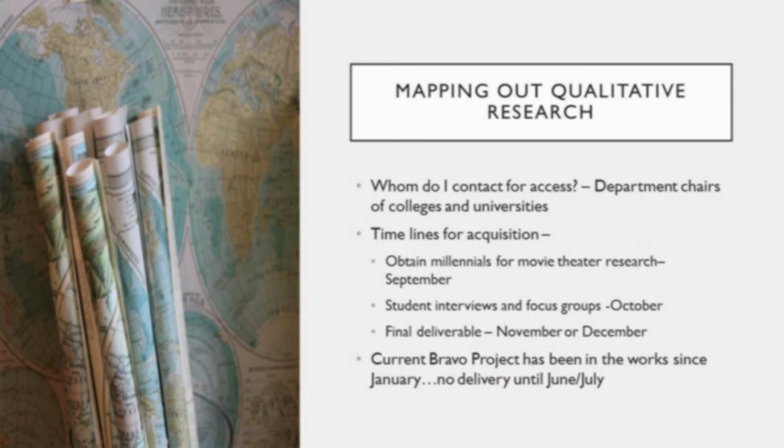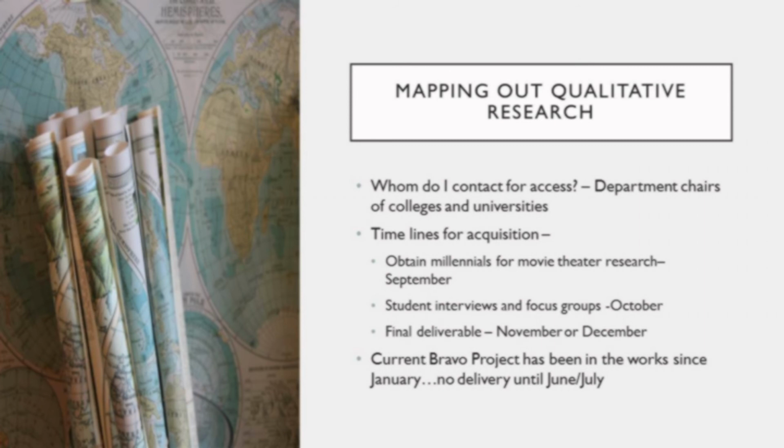Research does take a long time, especially when it is qualitative. With qualitative research, you might have an idea for it in July. You might get approval from your school or even from your place of work in September, and then run the focus groups and interviews in October, and have final deliverables in November or December, depending upon how busy your firm is, depending upon how quickly you can work as an academic.